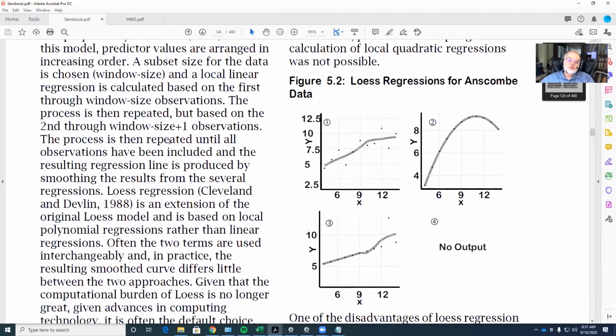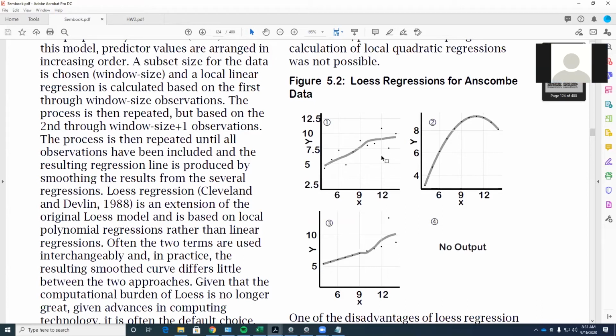What LOESS regression does is it takes a little slice of the data that you have and calculates a very localized regression line. Then it moves over one and does another regression, and moves over one and does another regression. And then it smooths these together. Inside of R or SAS, the LOESS program will generate this kind of plot for you.